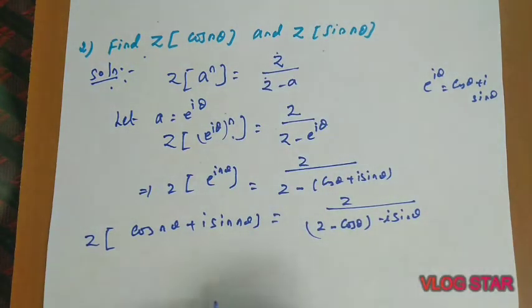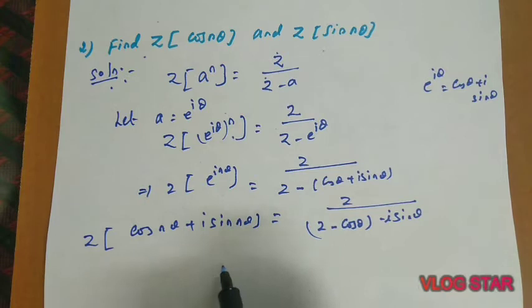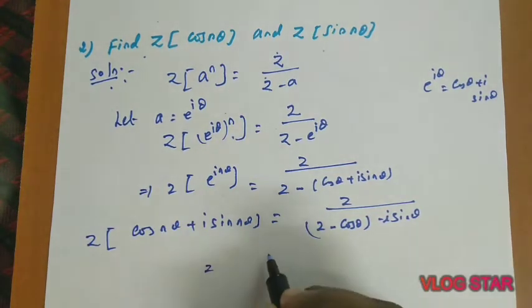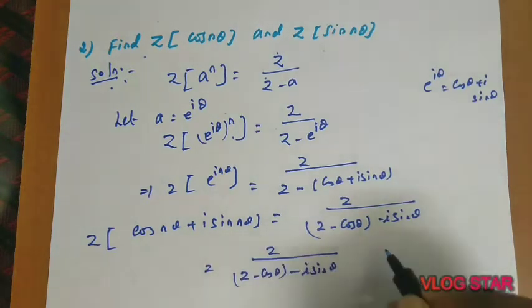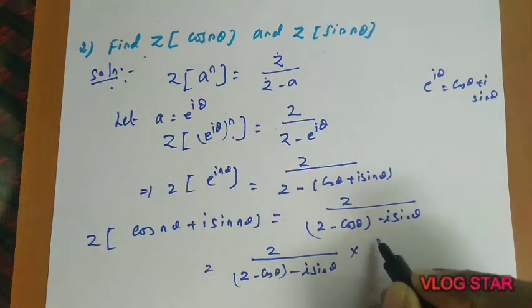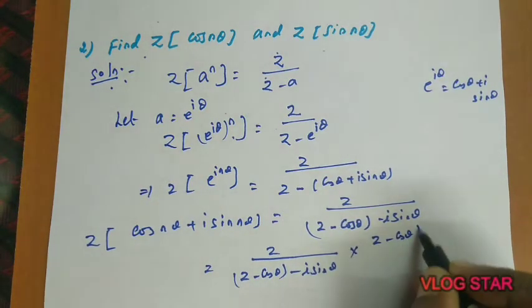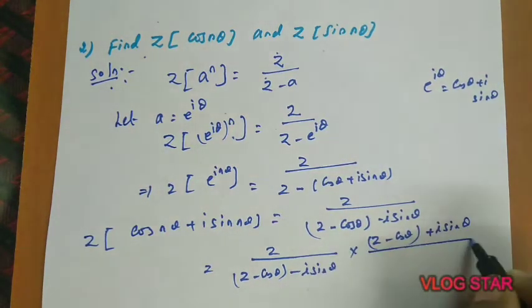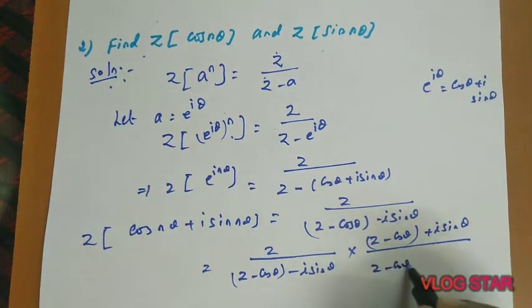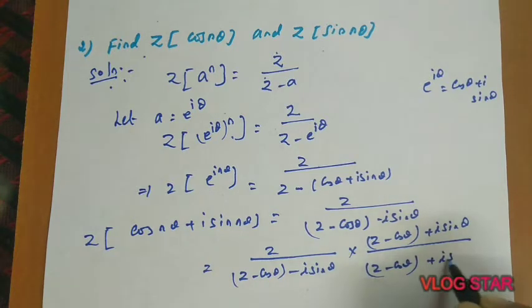So after this, just a simplification only. z by z minus cos theta minus i sin theta, multiplying and dividing by the conjugate. So (z minus cos theta plus i sin theta) divided by (z minus cos theta plus i sin theta).